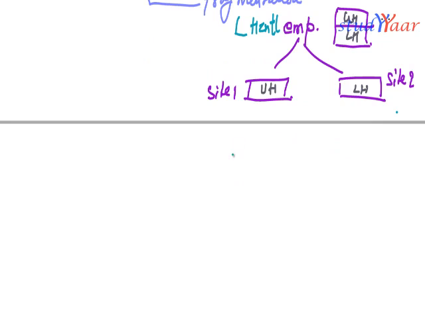Similarly, you can have vertical fragmentation. Let's just write it nicely. I'll say vertical. There are two types of fragmentation: one is horizontal and the other is vertical.